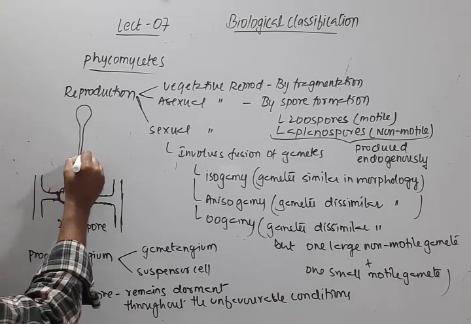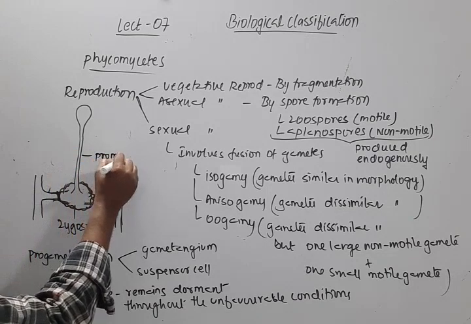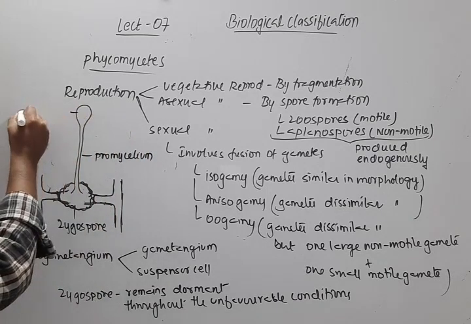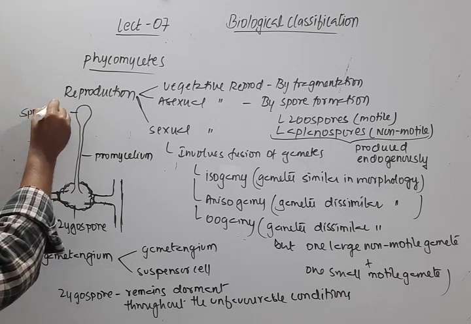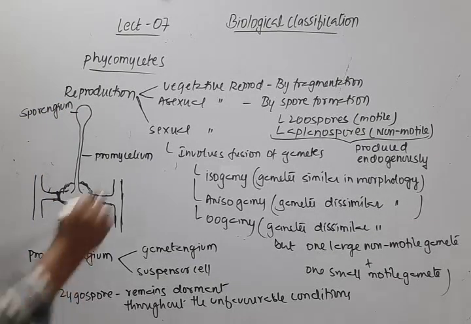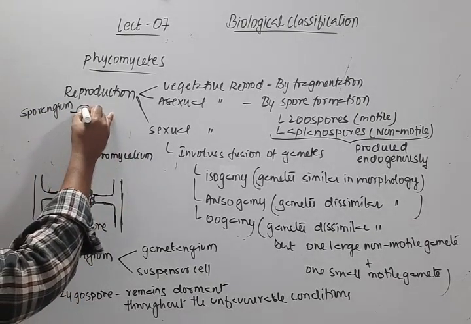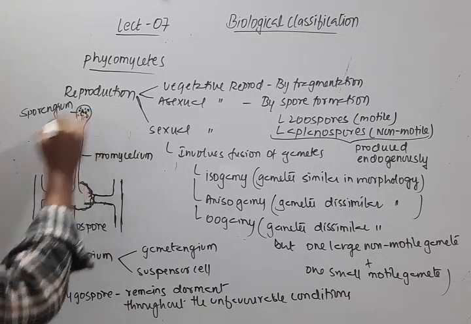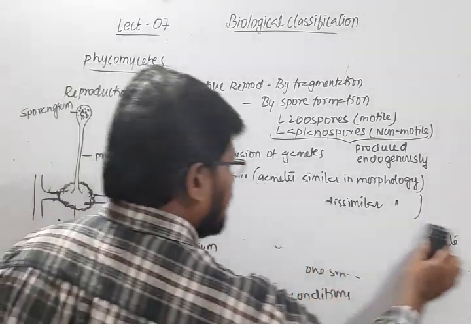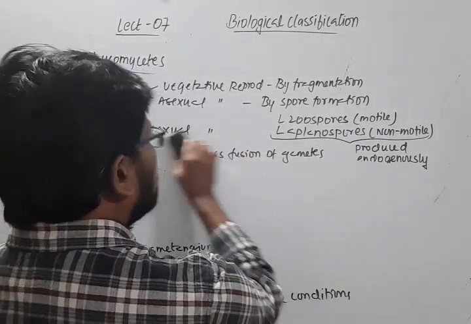This is what we call a promycelium, and on the top of this is a structure called the sporangium, and inside that sporangium spore formation takes place. This is how sexual reproduction takes place in the case of Phycomycetes.